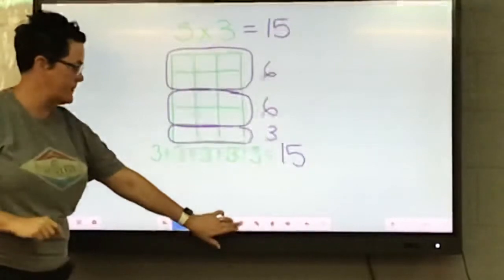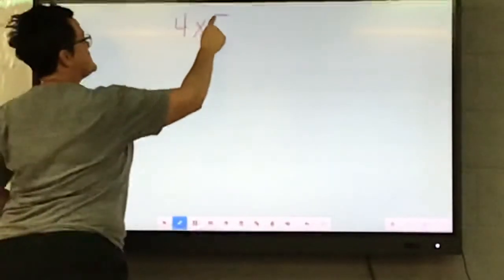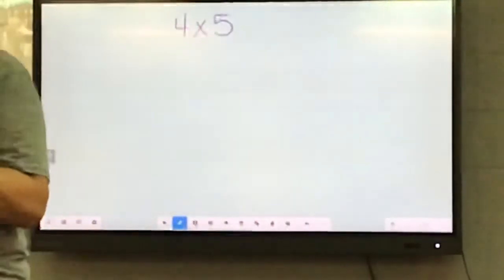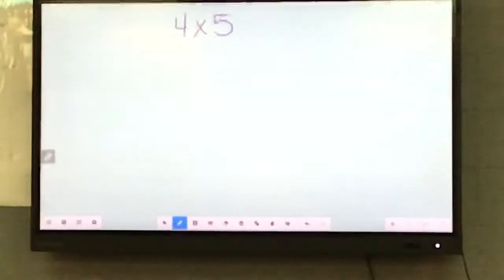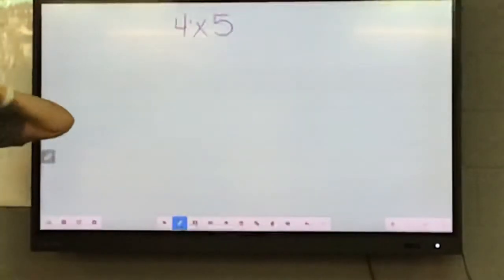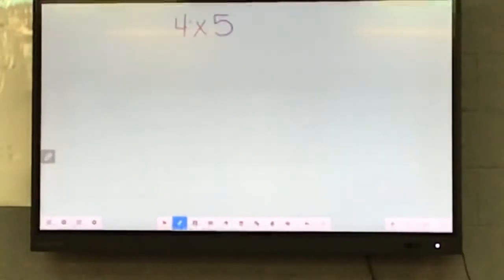Okay, let's try a new one. Let's do 4 times 5. You're making an array again. Okay, so if it's an array, it's like saying 4 rows of 5. 4 rows of 5.